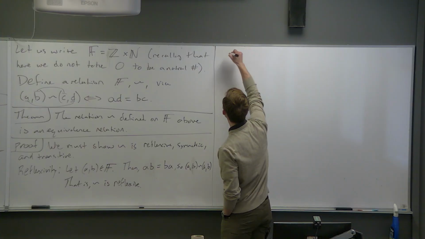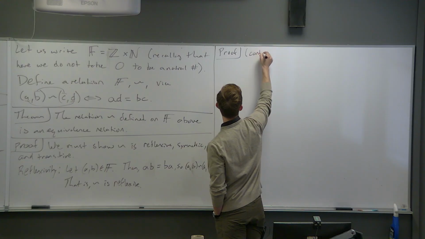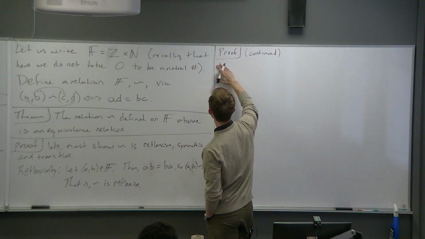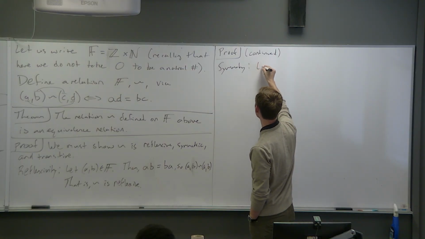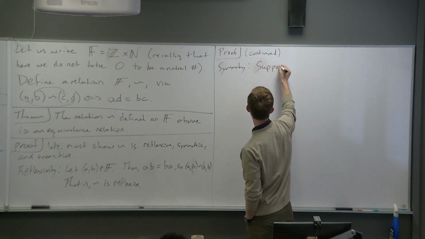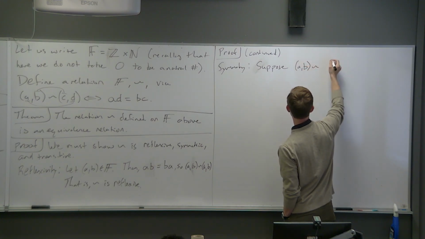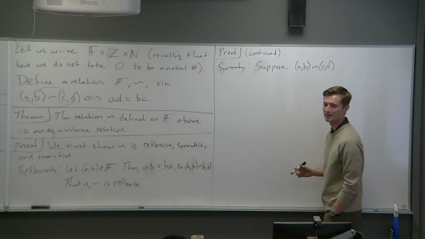Now if we continue this proof, let's do symmetry. Suppose (a,b) is related to (c,d).